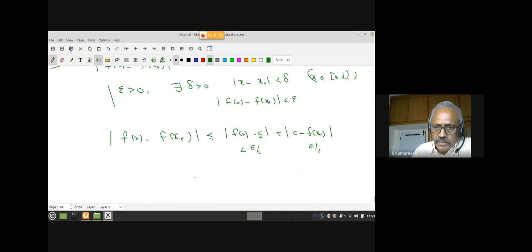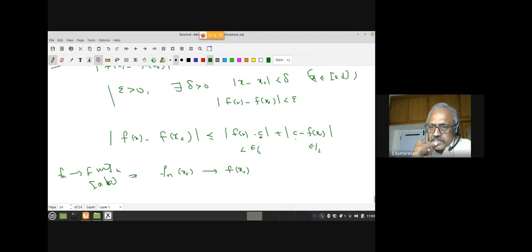So I know fn of x naught converges to f of x naught because fn converges to f uniformly on AB. This implies fn of x naught converges to f of x naught. Therefore, the c I can take is fn of x naught minus f x naught. Do you see that? This is my curry leaf.